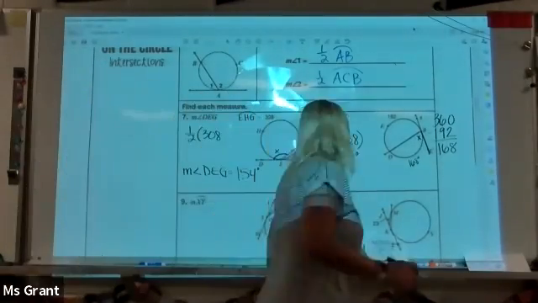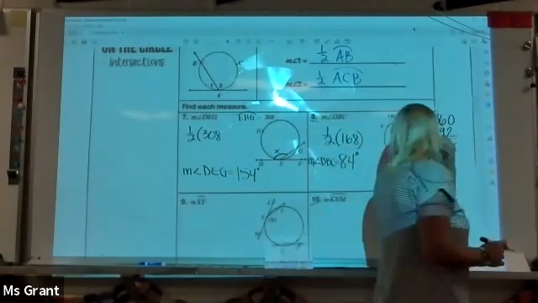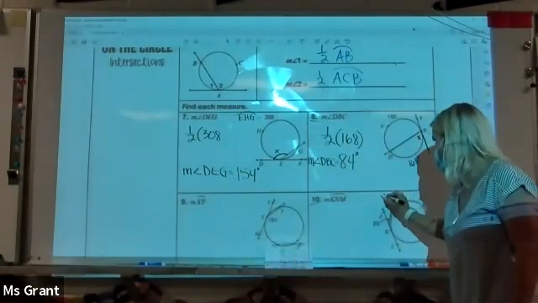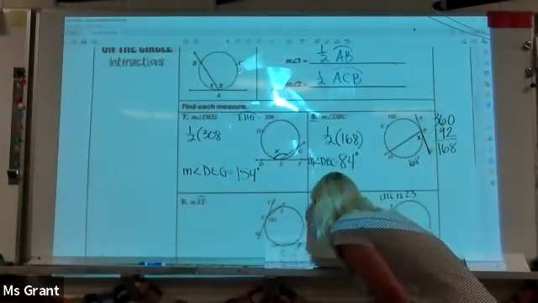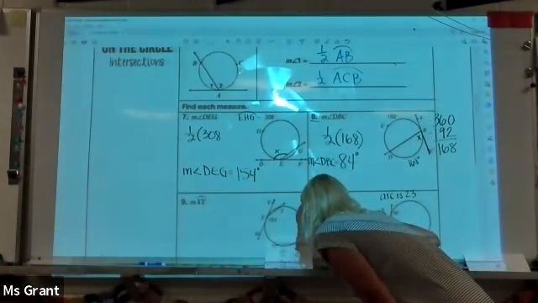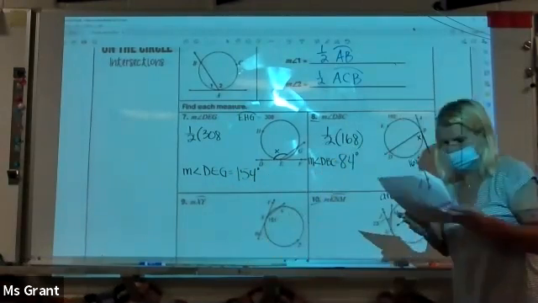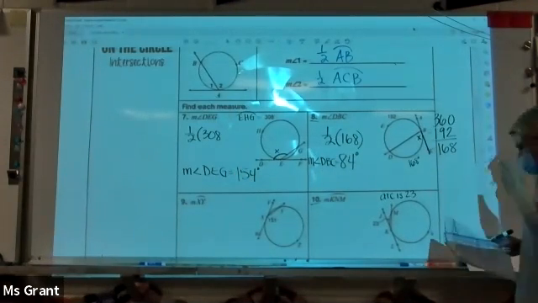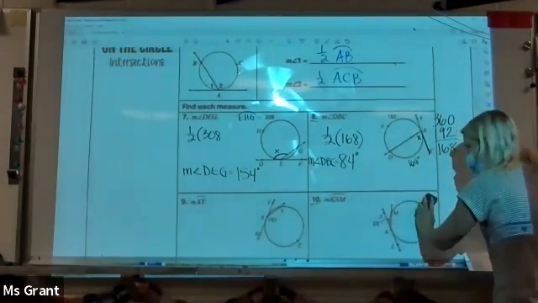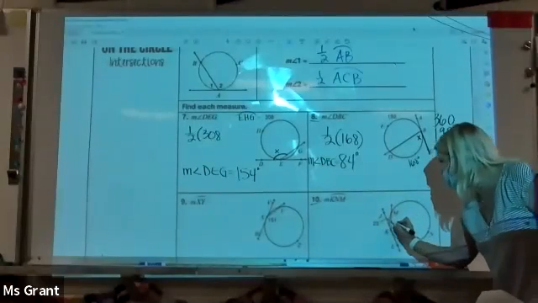Number 10. This little bit, this arc, the arc is 23. Wait. You know what? There's a little circle. There's a little curvy right here.